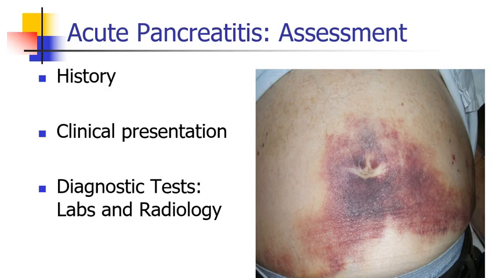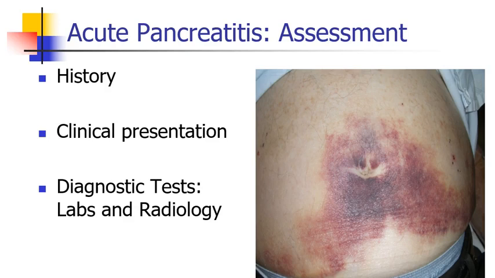There is also Turner's sign, which is that ecchymotic changes on the flank area of the patient. They will have tenderness, rigidity, signs and symptoms of peritonitis, weight loss, nausea, vomiting, absent or decreased bowel sounds, so hypoactive bowel sounds, or even paralytic ileus, ascites, as you can see in this picture, hypotension.